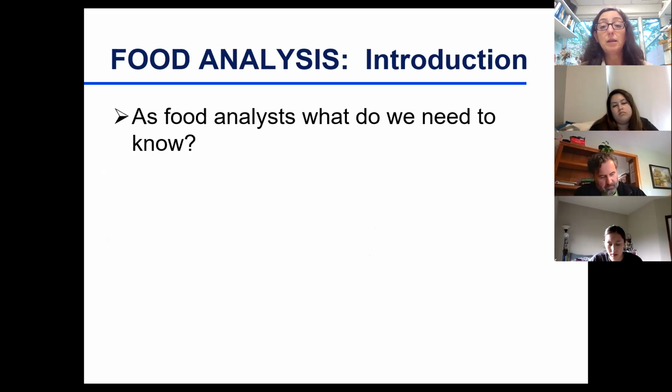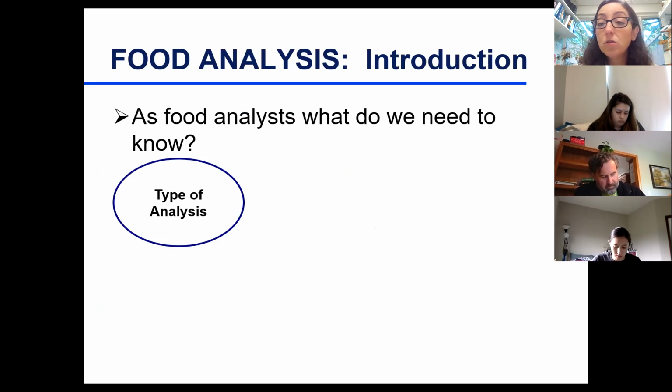So as food analysts, what do we need to know? We are food analysts in a company, in a research lab, in a government lab. So what do we need to know? We need to know what type of test or analyses needs to be conducted.